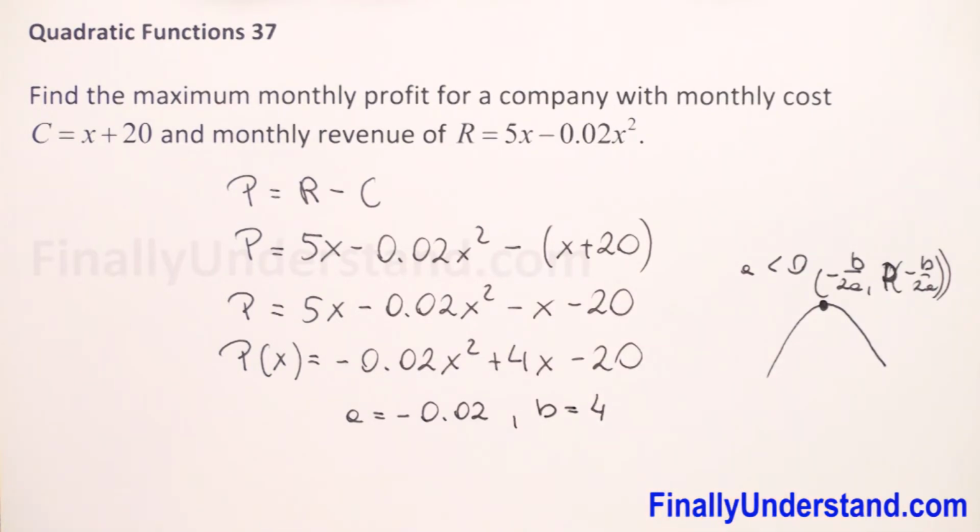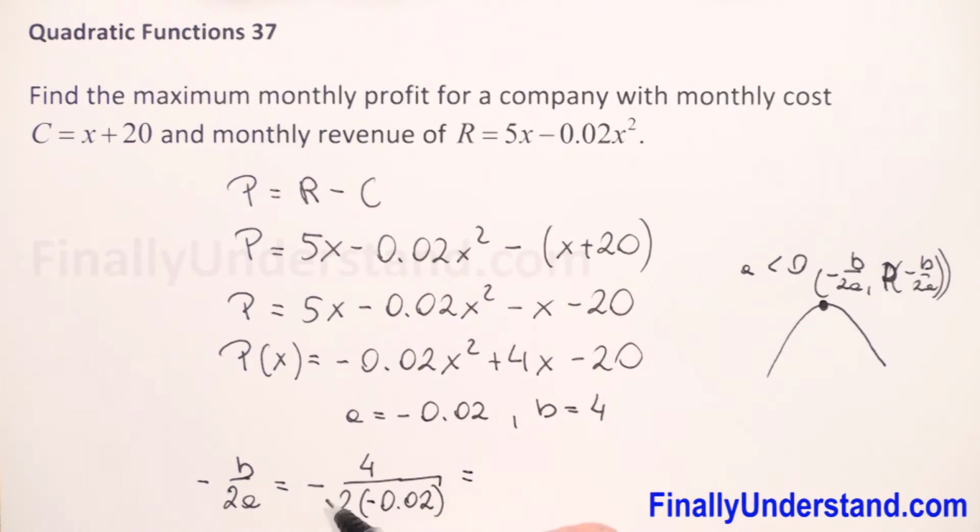So now we can find the first coordinate, negative b over 2a, is equal, negative sign we copy, and we have 4 over 2 times negative 0.02.